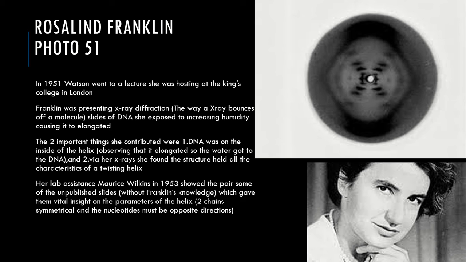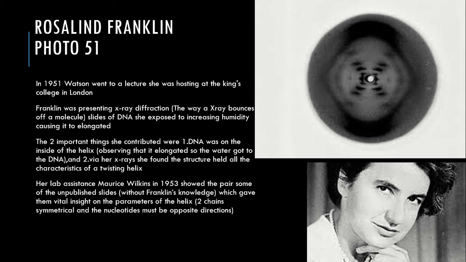What she basically proved was that it's a helix, because as it stretched it went out straighter, but unelongated, it's a helix. That also proved that the DNA backbone was on the outside of the helix because of the hydrophilic phosphates found in DNA, and she would continue to help later.